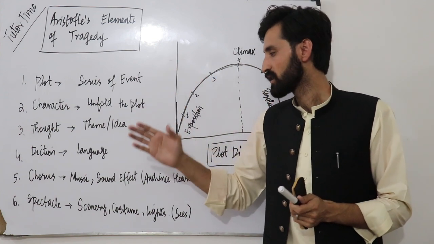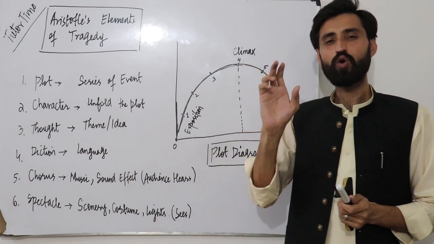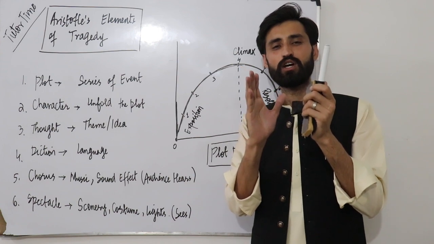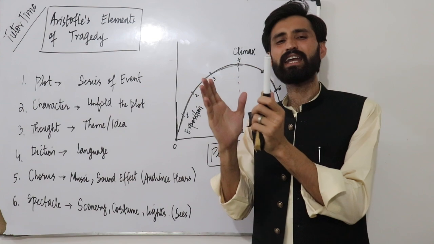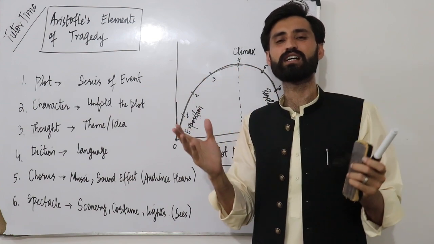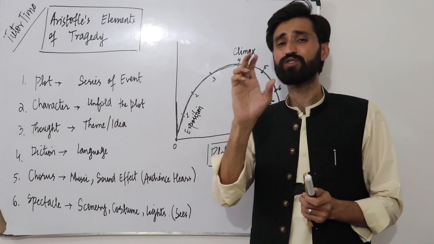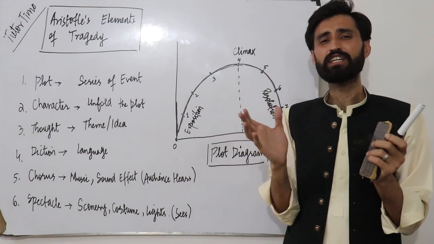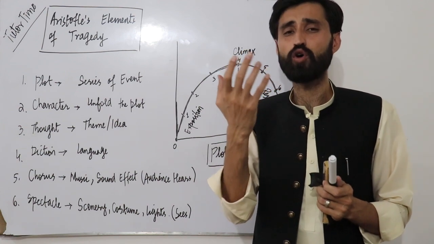Now the fifth thing is related to musicality: chorus. In order to understand this term, we need to know about Christianity and their culture. When there is a ceremony, I don't know the specific name of that ceremony, a chorus, a group of individuals, stand together and sing songs.